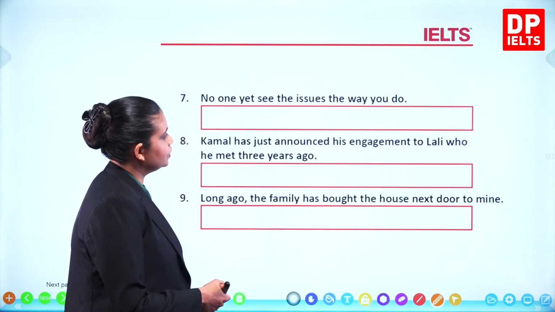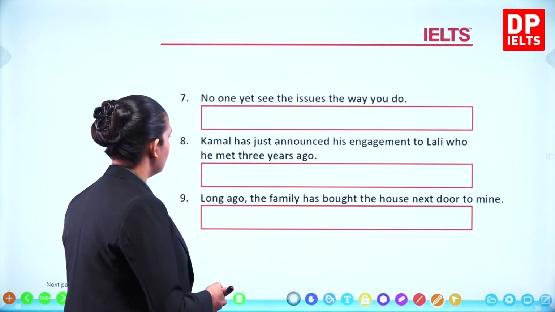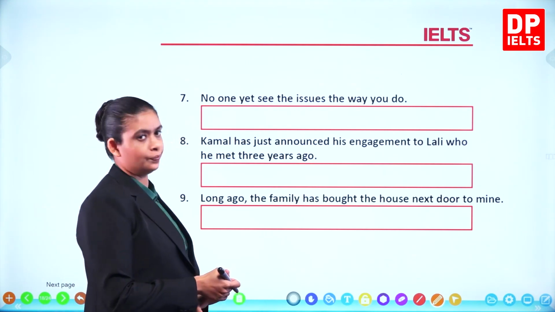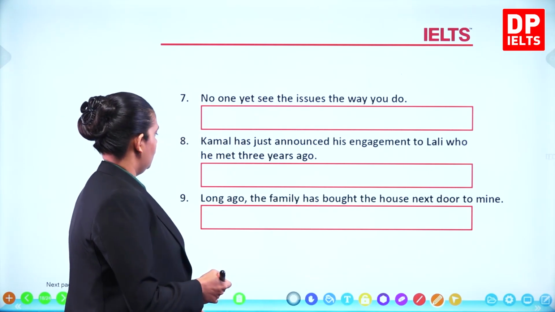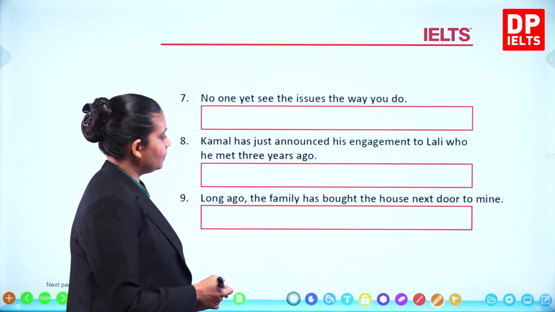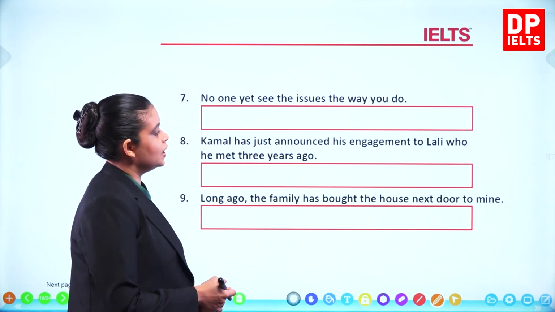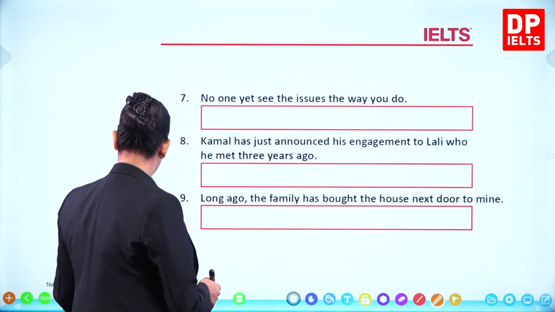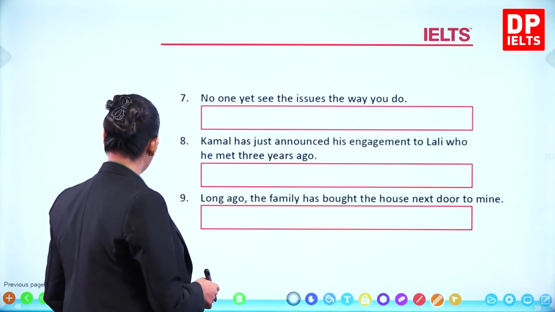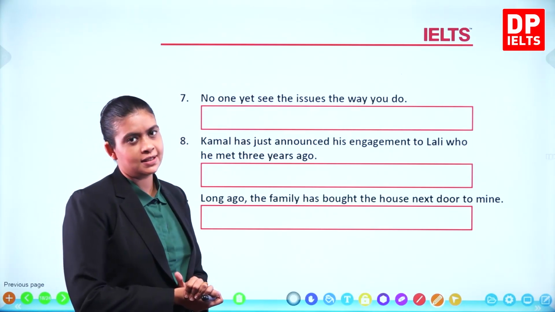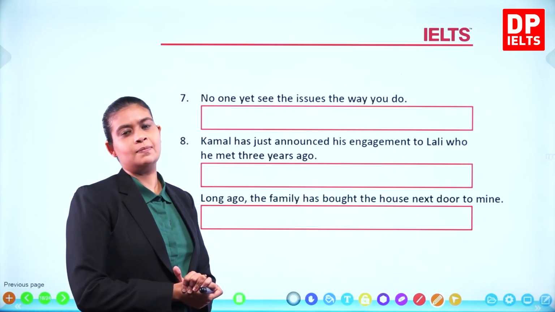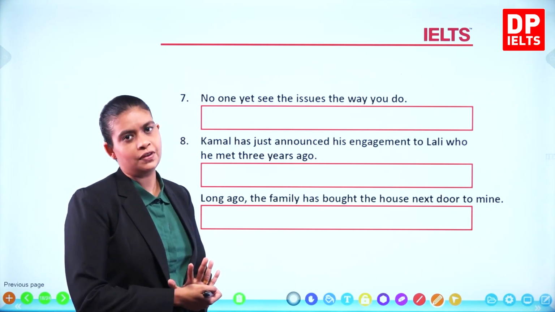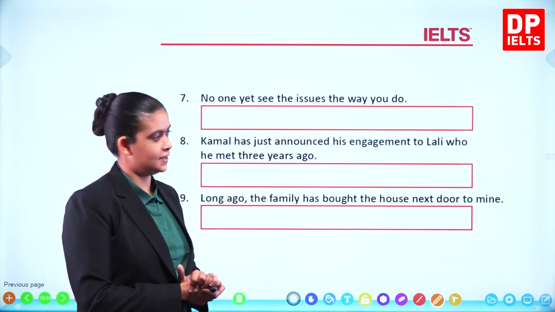Kamal has just announced his engagement to Lali he met 3 years ago. Long ago, the family has bought the house next door to mine. Right? Before we have a look at the answers, take some time and pause the video and complete the answers.